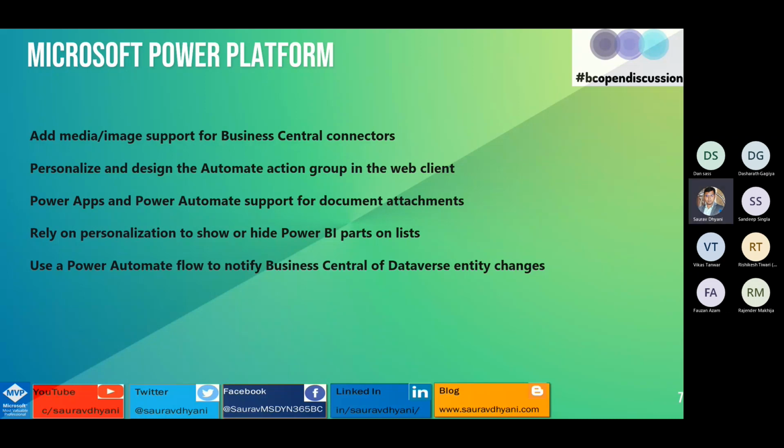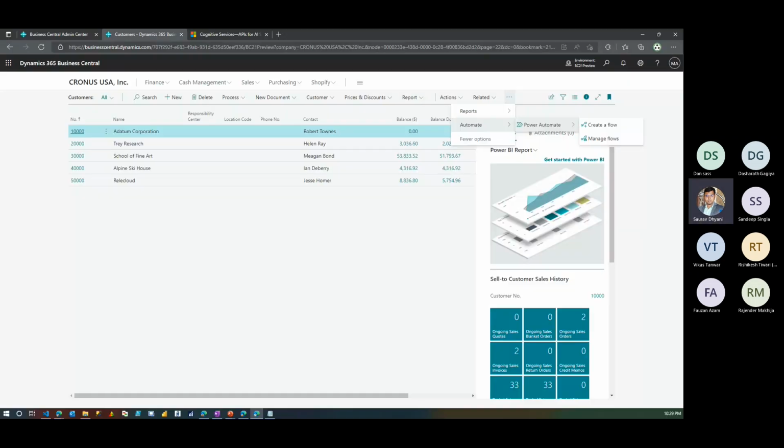Now I was trying this, the Power Apps and Power Automate support for document attachment, but I was not able to test it out, maybe because of the lack of info that's available at this moment. But let me see if it is still active, that when I go ahead and create a flow from here, it surely will take me to Power Automate.